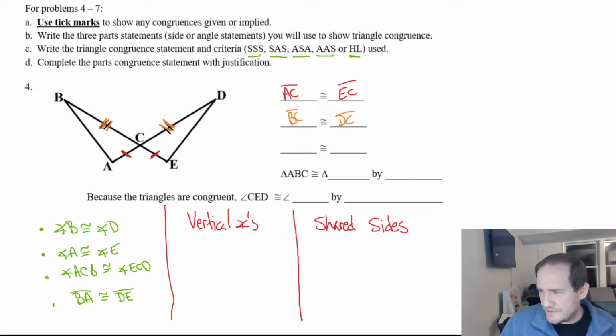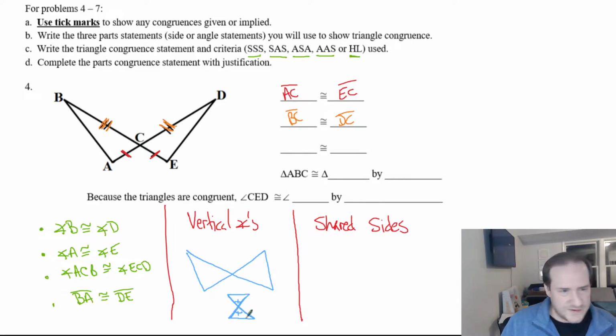So pretty much every single pair of triangles that I give you is either going to include intersecting lines that form vertical angles, so they might look like a little bow tie, like this, or they might look kind of like an hourglass, like this. But either way, you'll see pretty clearly intersecting lines where the angles across from each other, you can say that they're congruent.